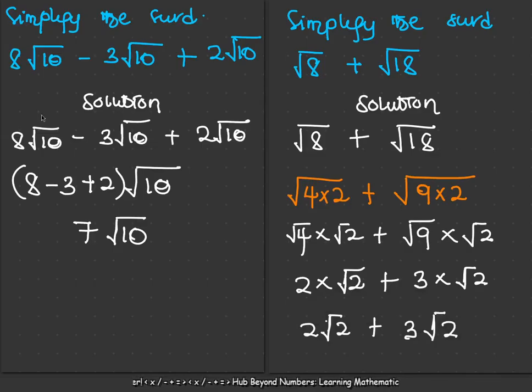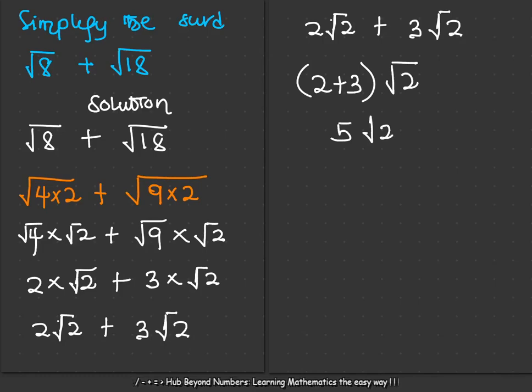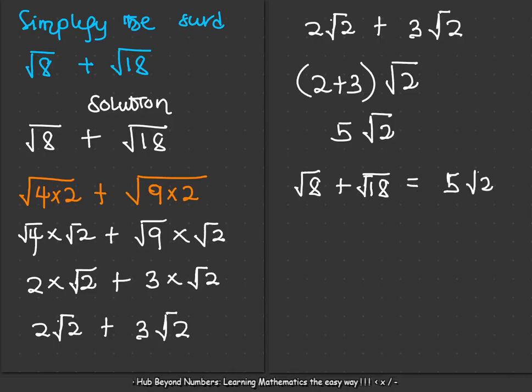So let's solve to see what we get. We say 2 plus 3, that is adding the coefficients, then root 2. And 2 plus 3 gives us 5. So we have 5 root 2 as the solution to root 8 plus root 18.